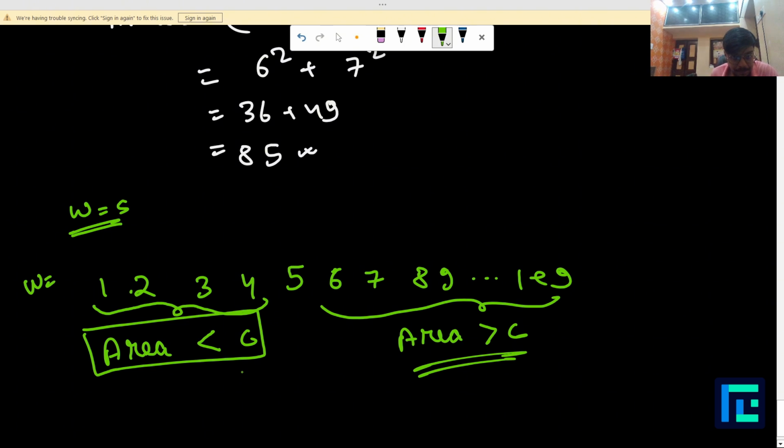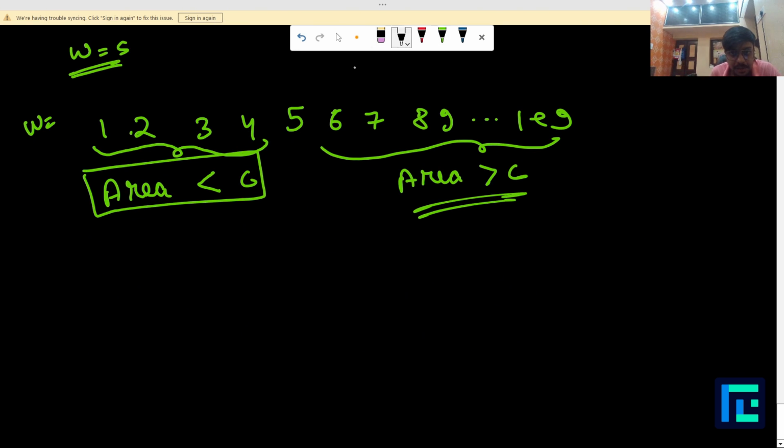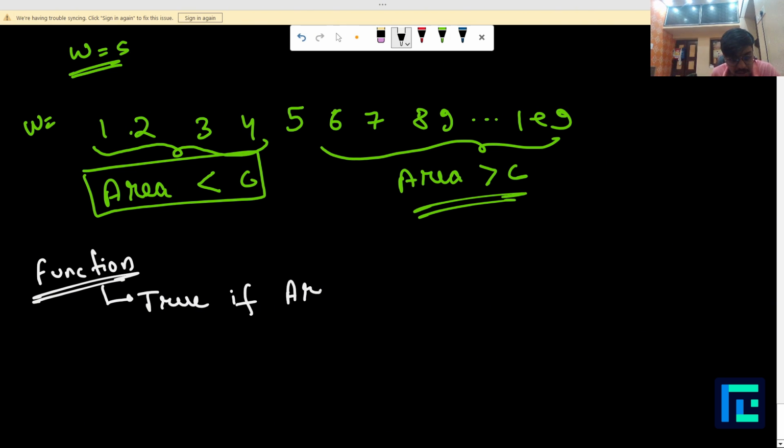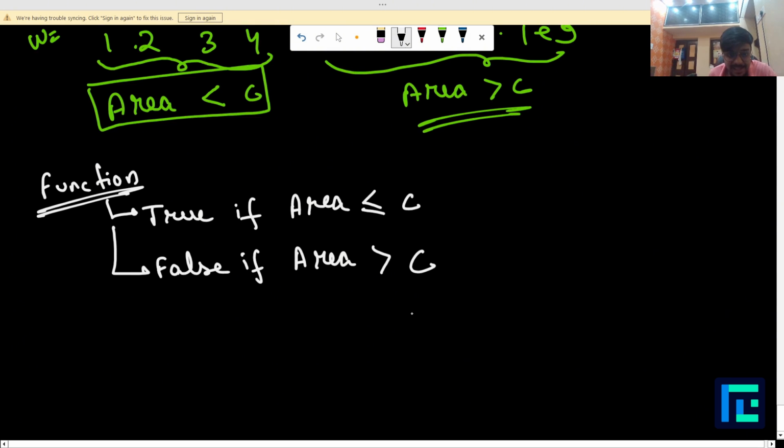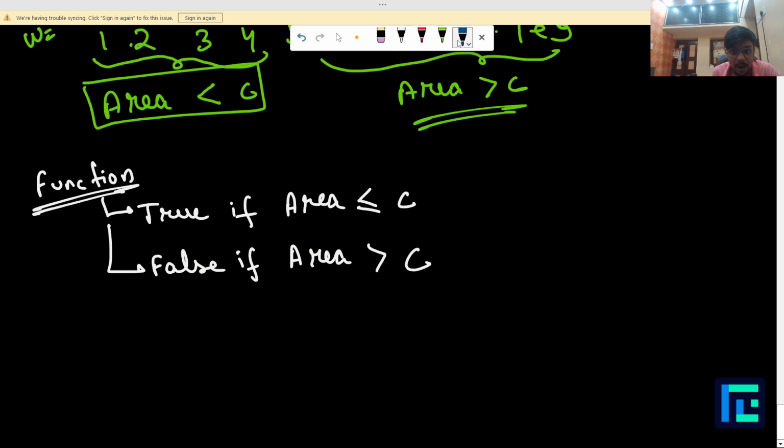Do you all agree? So if I compute a function which returns true if the area is lesser than or equal to C for a particular W, and returns false if the area is greater than C for a particular W, can I say that this will actually be a monotonic function if I iterate over W's?